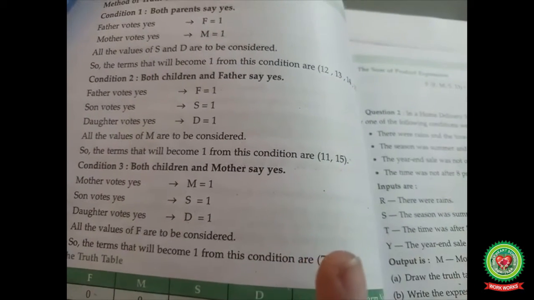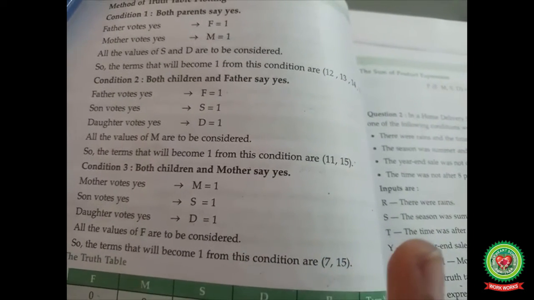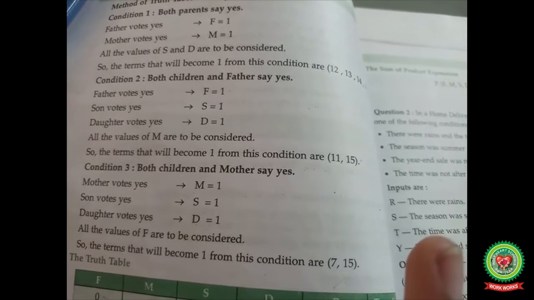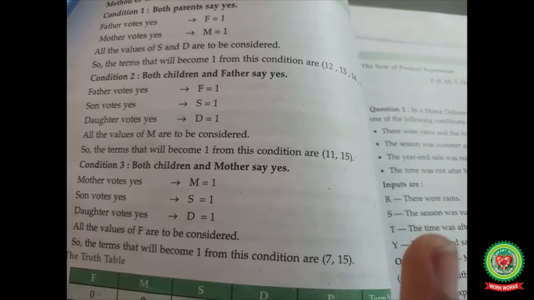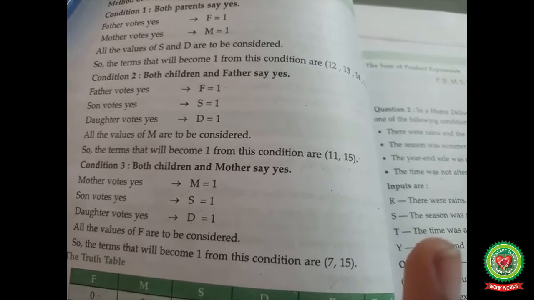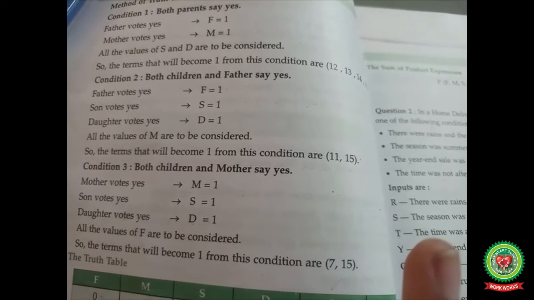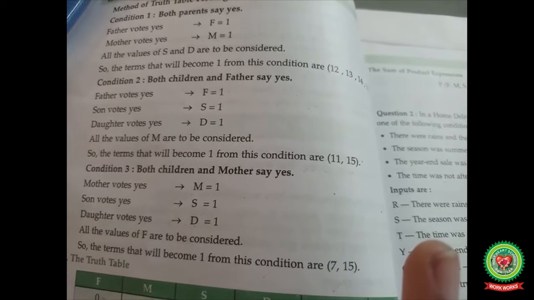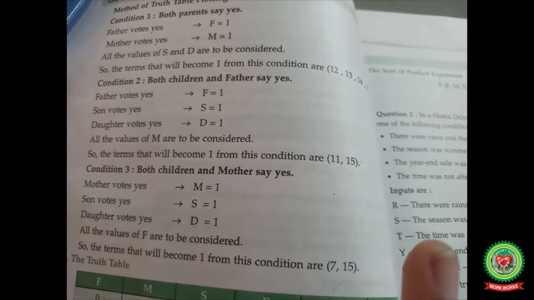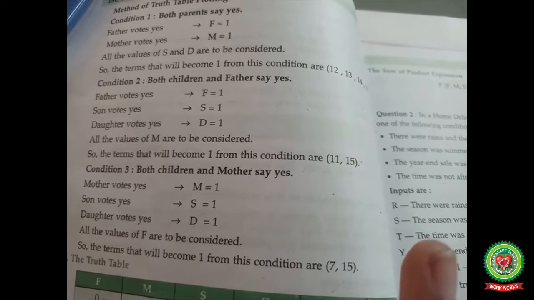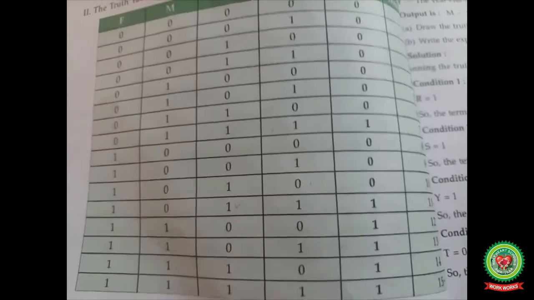Condition 1, both parents say yes. It means father votes yes, F equals 1, mother votes yes, M equals 1. So, we have to see in the truth table the values where F is 1 and M is 1, and for S and D we will consider all its values.